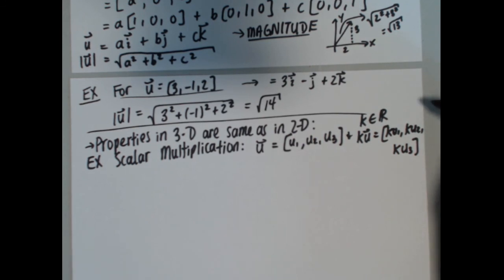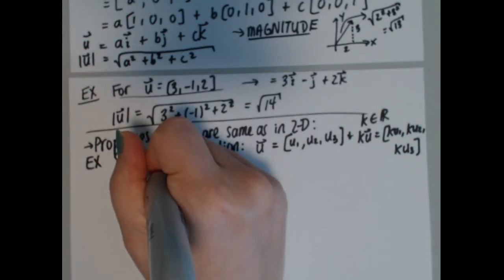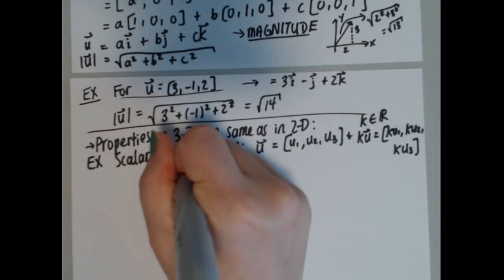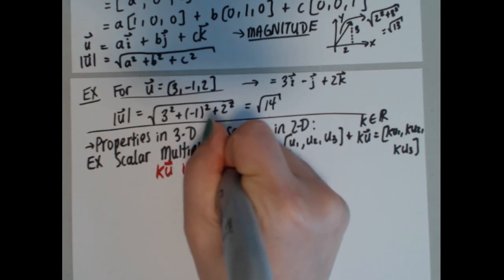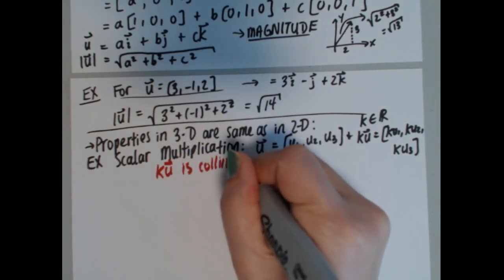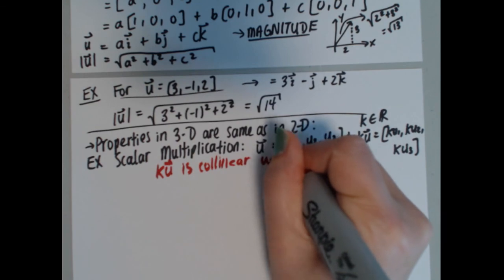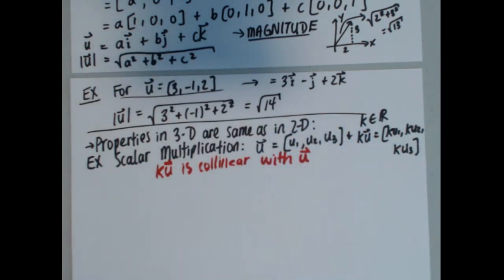Now, what I can see here is that ku is collinear with u. That was a piece of vocabulary that we learned earlier on. Collinear means the vectors are parallel, and if you place them tip to tail, they would form a straight line.